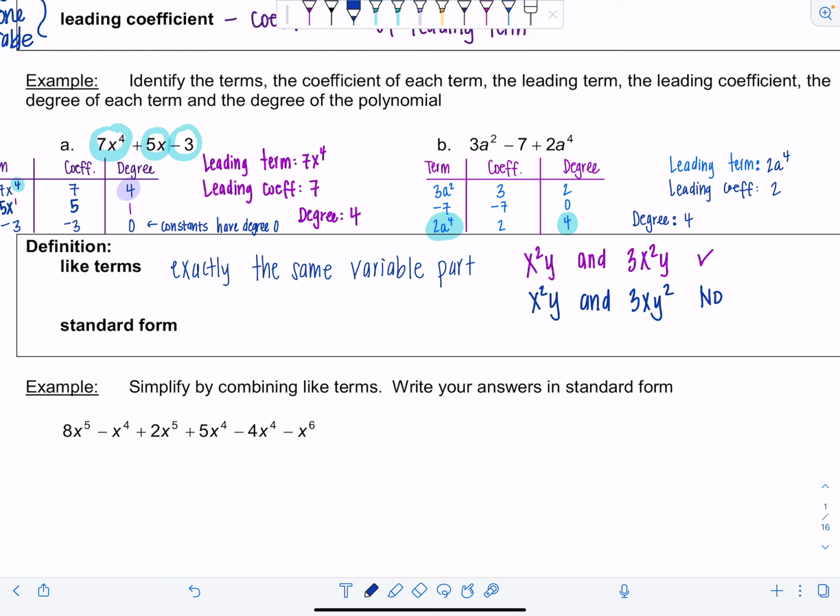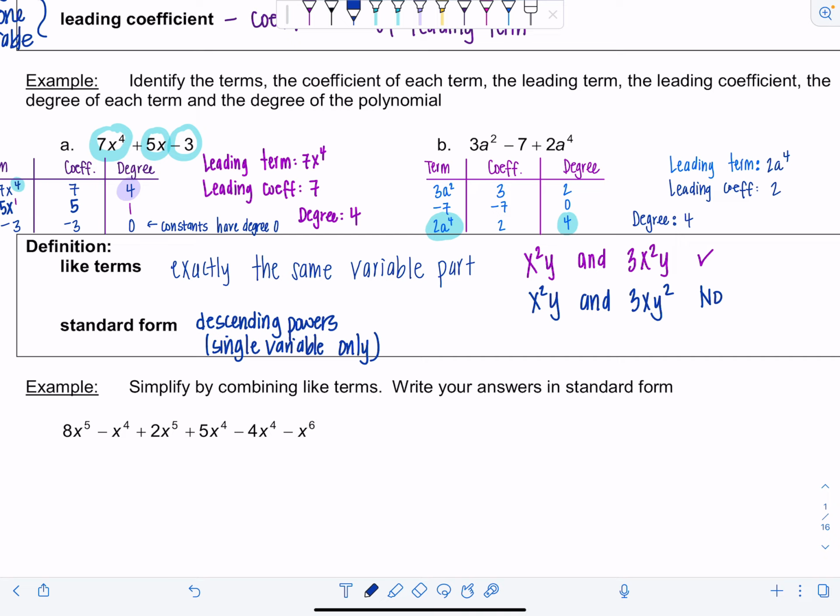They're not exactly the same, meaning you can't combine them. All right, and then standard form is when we list a polynomial in descending powers. Okay, and this is again for single variable only, not when you're mixing x's and y's or something.